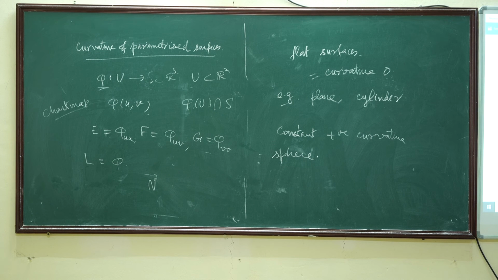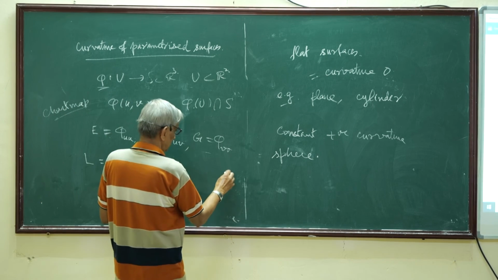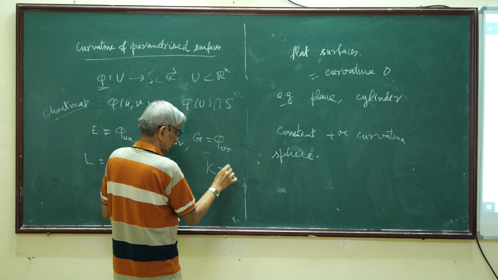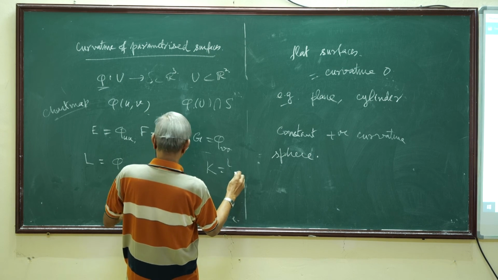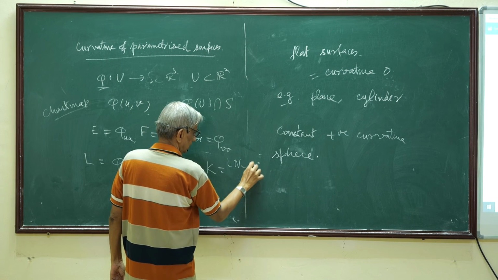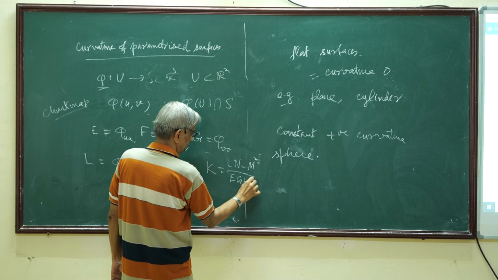And then the curvature is given by the quotient of these two discriminants that you have. So K is ln minus m square over eg minus f square.